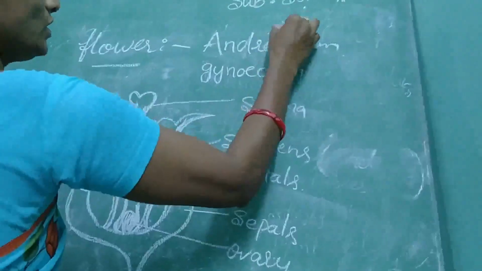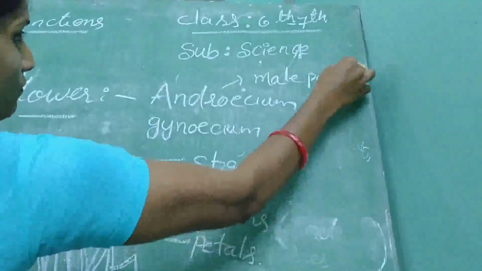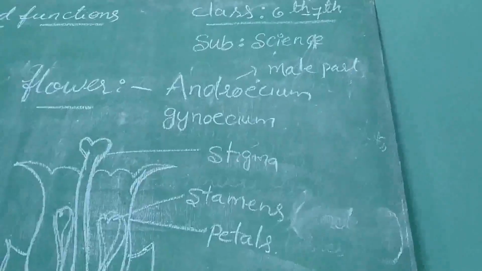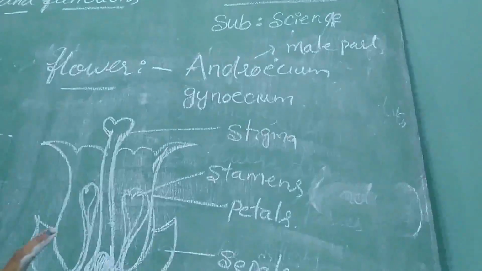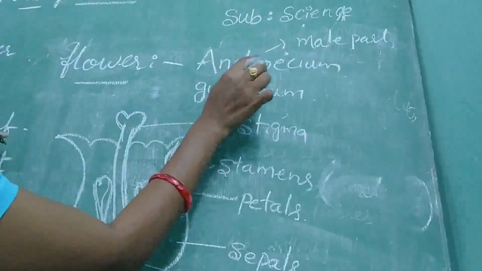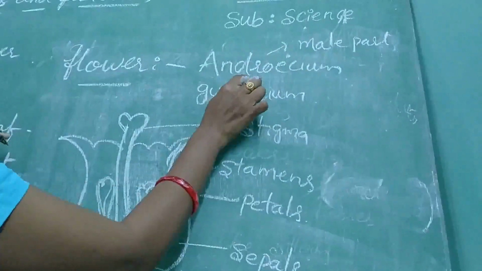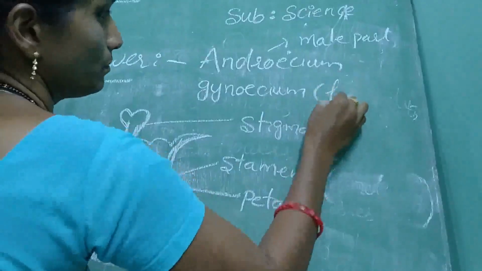The flower consists of two main parts. The first main part is the female part and the second main part is the male part. The scientific name of the male part is androecium. The scientific name of the female part is gynoecium.